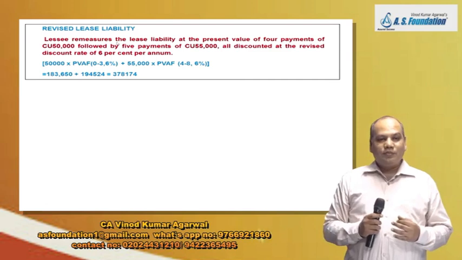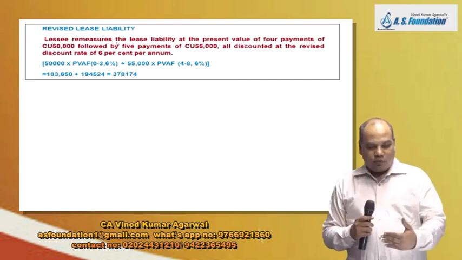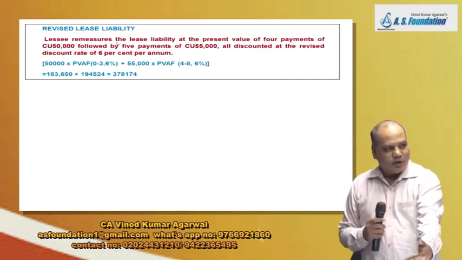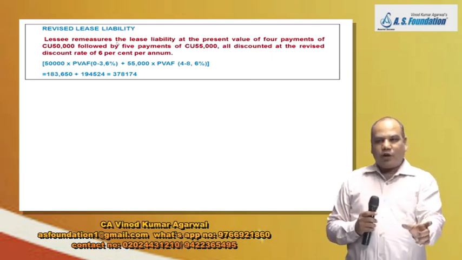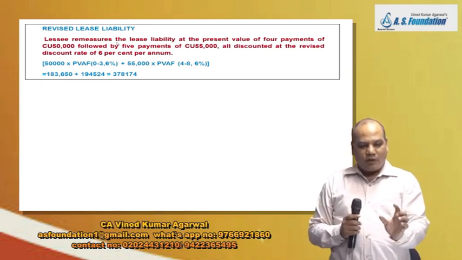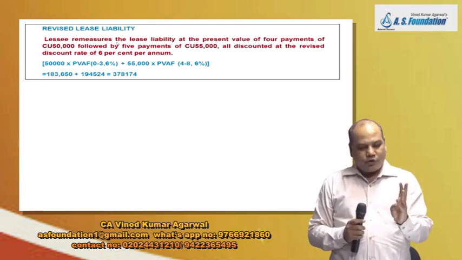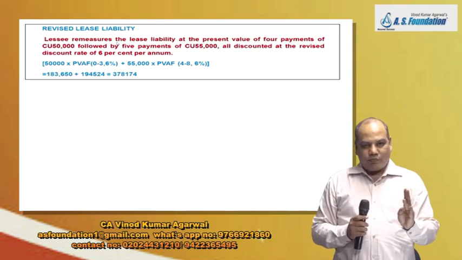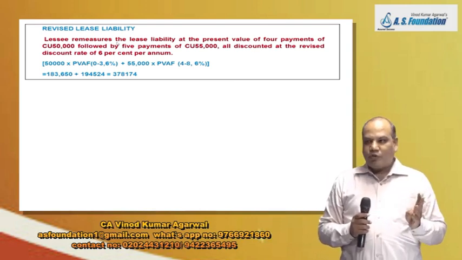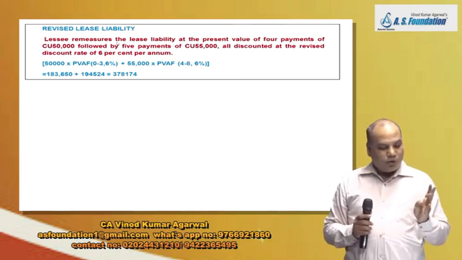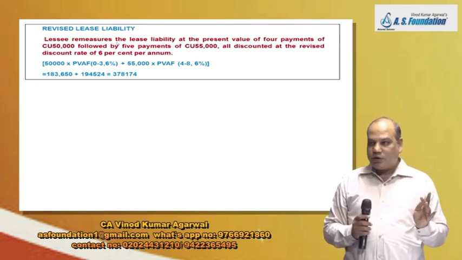From today, one payment today and 3 more payments in the next 3 years, because payments are made in advance. So for calculating the present value factor, I will take the present value factor of 0, 1, 2, 3. And the 55,000 will be paid 5 times. The present value factor will be based on 4, 5, 6, 7, 8.